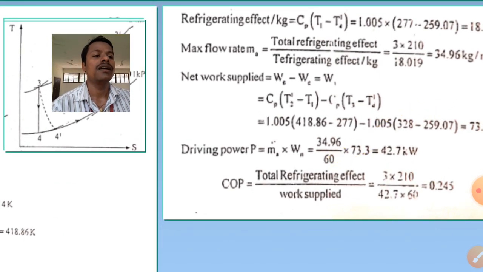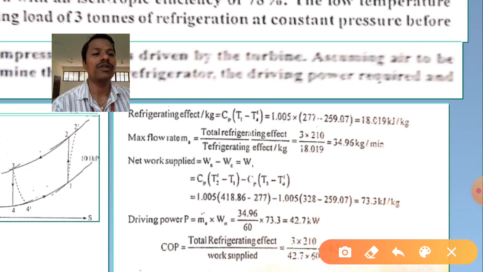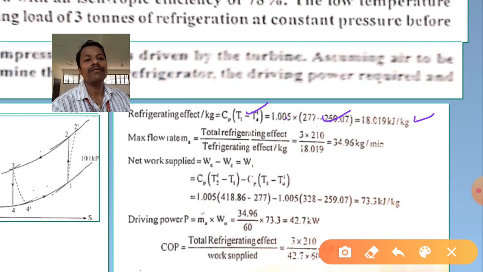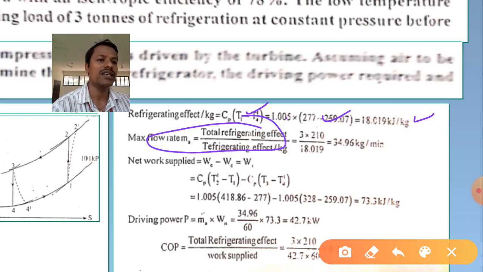Once I find T4 dash and T2 dash, I will be able to calculate the unknown values. First, refrigeration effect per kg is Cp into T1 minus T4 dash. We have the values of T1 and T4 dash, Cp I will substitute as 1.005, and I will be able to calculate refrigeration effect per kg. We know the mass flow rate of refrigerant can be calculated using the formula total refrigeration effect divided by refrigeration effect per kg.